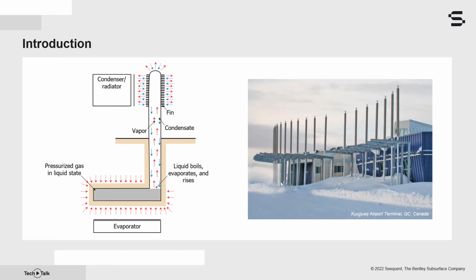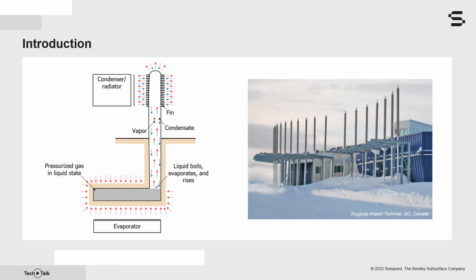In the majority of cases, the evaporator is sloped to ensure that the condensate flows toward the lower portion of the evaporator. The fluid in the evaporator vaporizes as it extracts heat from the ground. Then it rises up the vessel into the condenser, where it cools, condenses, and returns below ground.